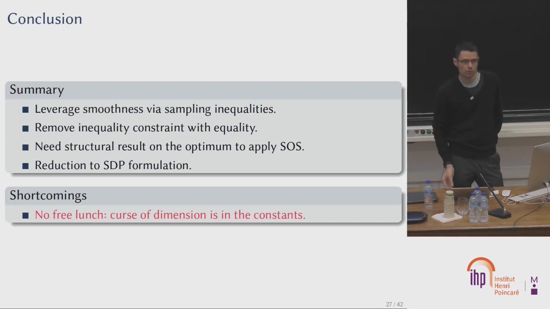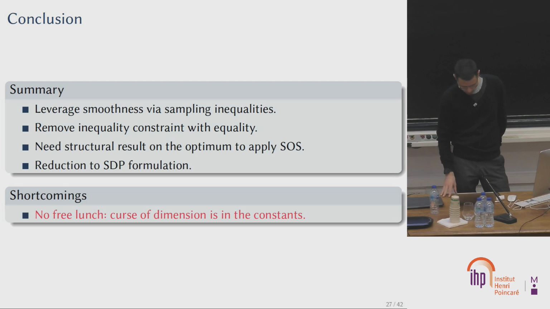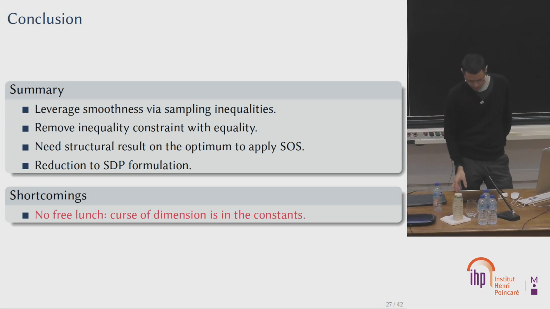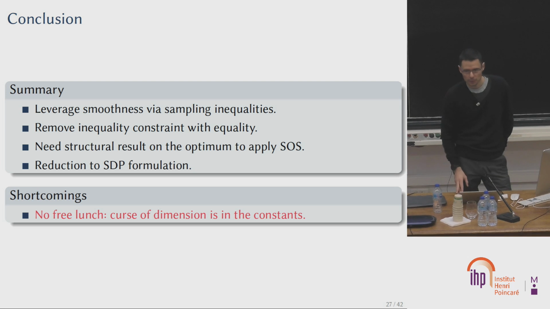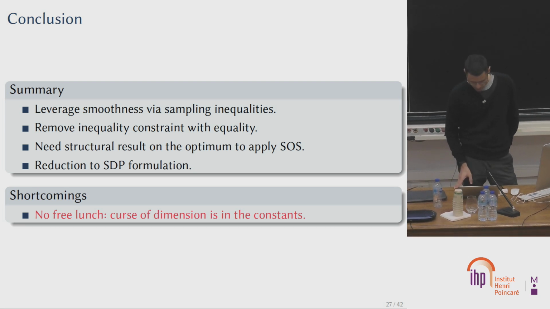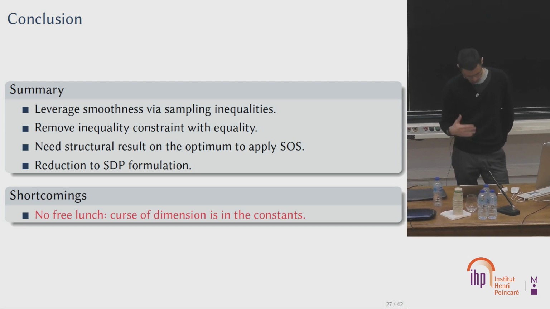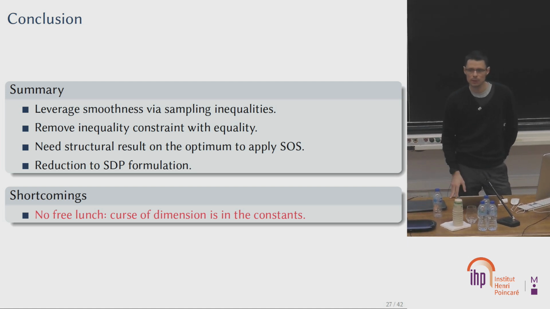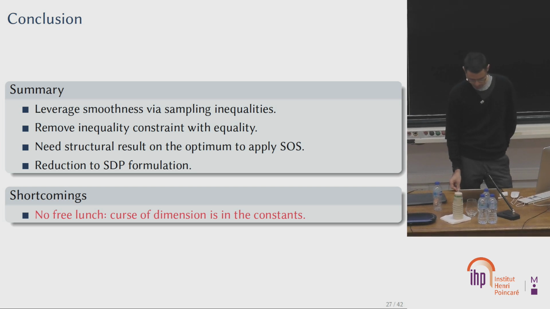So in conclusion, we were able to leverage smoothness in optimal transport using sampling inequalities, by applying the sum of squares method in reproducing kernel Hilbert spaces. But be careful. We were able to reduce it to an SDP formulation, which can be computed.